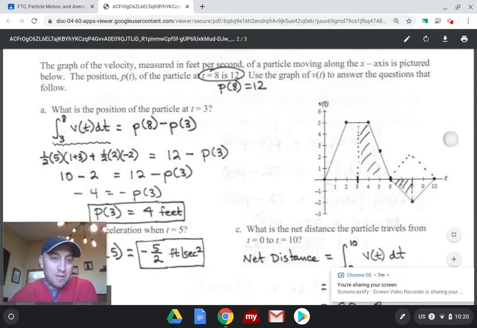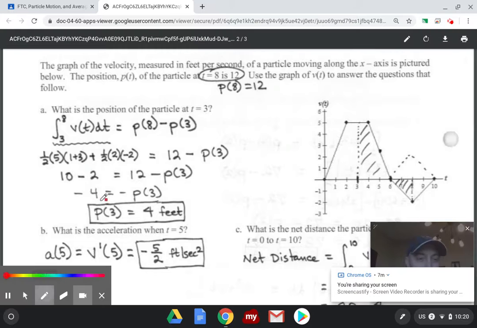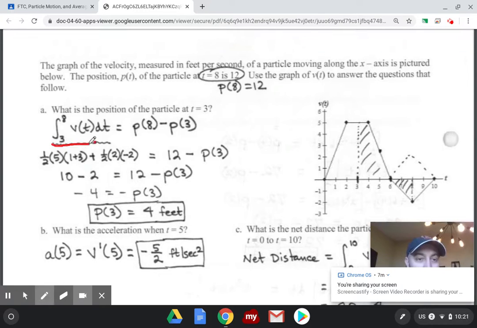So that right there, we could evaluate based on the fact that this is the area underneath the curve of v of t from 3 to 8. So here's our graph of v of t. I'm going to find the area of that shaded region from 3 to 8.